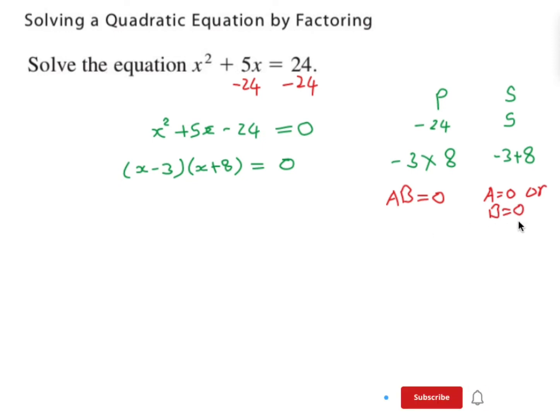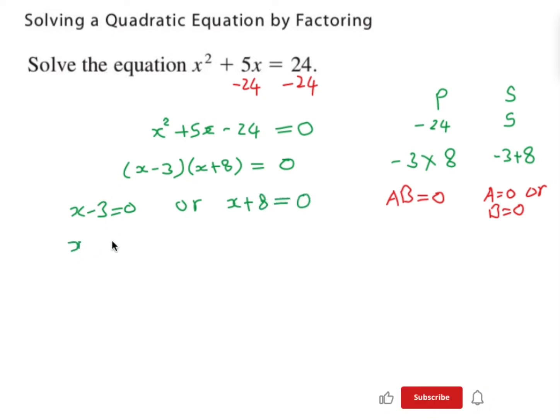This property we will use here. We can compare x minus 3 with a, and x plus 8 is b. So x minus 3 equal to 0 or x plus 8 equal to 0.